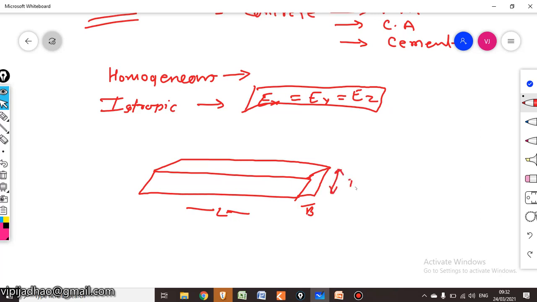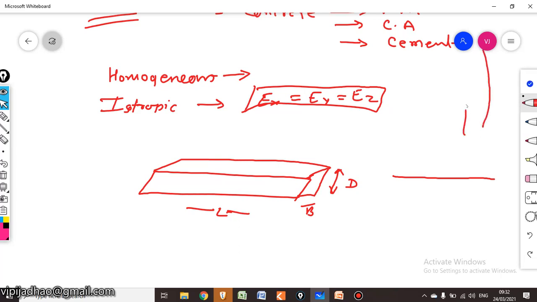But for simplicity, we will be considering this particular beam as a single one-dimensional element for analysis purposes. So this is an assumption that we will be considering the beam as a one-dimensional structure only, that is, as a linear element.